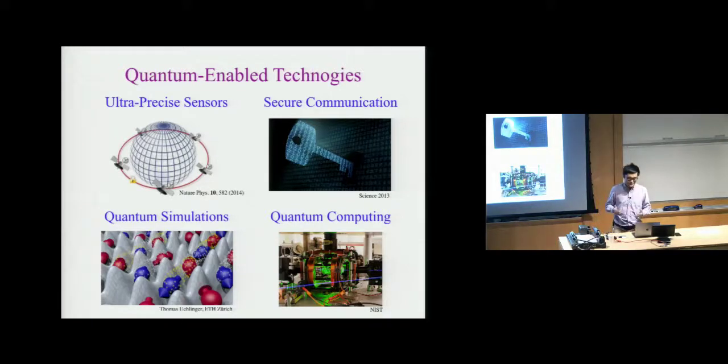But the difference for this quantum-enabled technology is that you can actually leverage some of the quantum mechanical phenomena, such as entanglement and the superposition principle, at a macroscopic level. So it's fundamentally different than devices like lasers or CCD cameras.